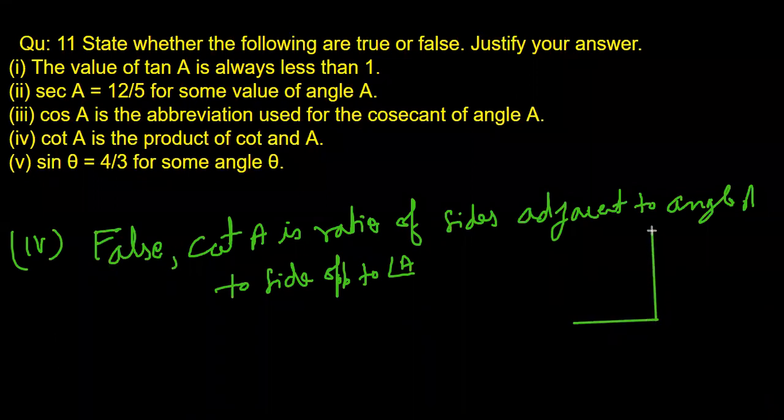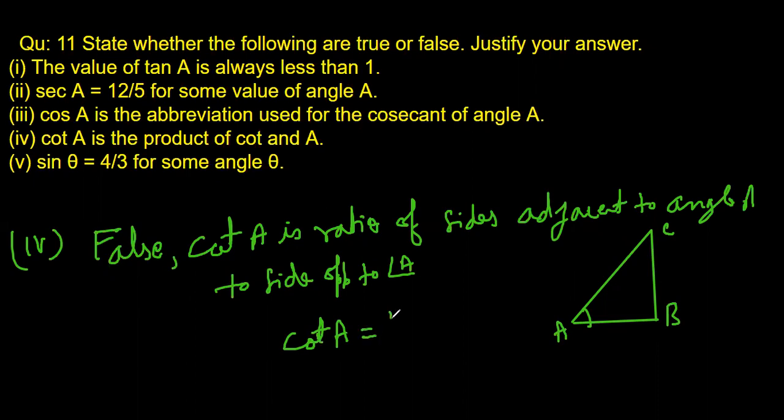If this is angle A and this is B and C, you can further write that cot A is not the product of cot and A, but cot A is actually AB, which is the adjacent side, divided by BC. So this justifies that cot A is not a product of cot and A.